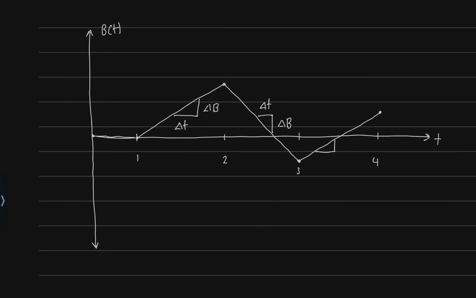Now, Brownian motion is a continuous time stochastic process, meaning the points between 1 and 2, or 2 and 3, or any 2 points don't exist. So to represent this graphically, let me change this to I, 2I, 3I, 4I. And in this case, let's say I is equal to 1. And then we're going to have our change in b over change in t, which is going to be our slope.